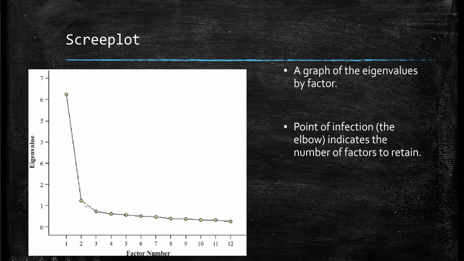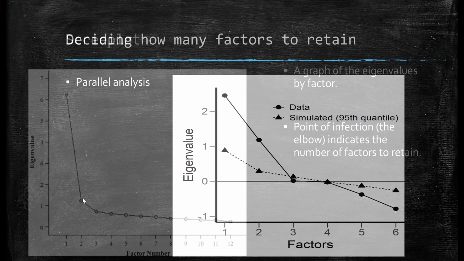Now, if this one turned out to just be a few items that were reverse coded and for some reason correlated with each other due to that methodological issue, then you would not retain the factor. So you don't want to just simply go off the eigenvalues to determine how many factors you would retain. You would also want to look at the factor loadings to attempt to interpret the meaning of the factors themselves.